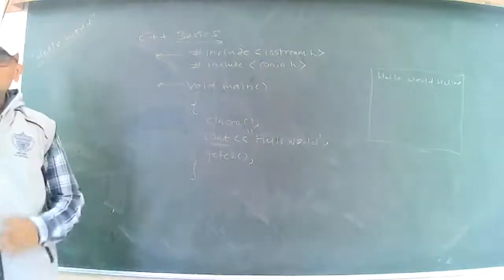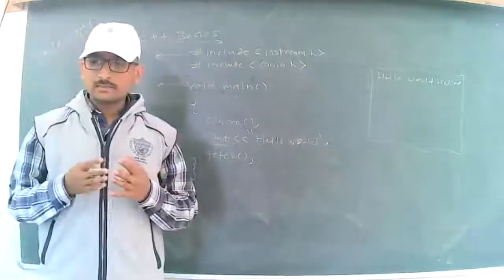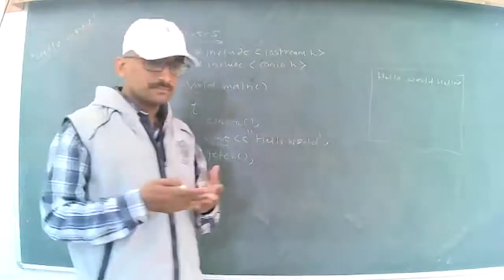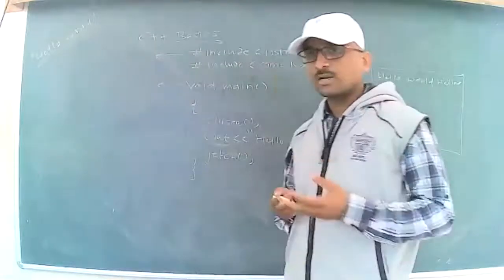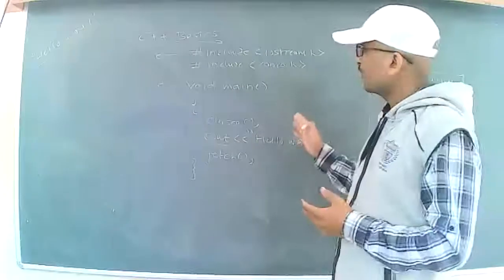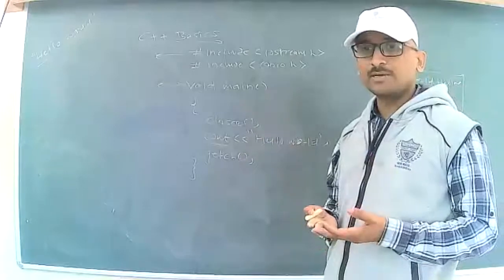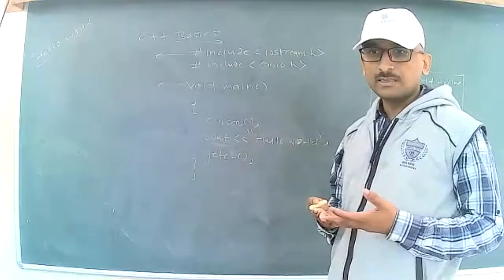Now we are going to discuss one more program, that is by using the class, right? We are learning C++ programming with the help of the OOPS concept. So in our program, there should be some classes and some methods that we have implemented.